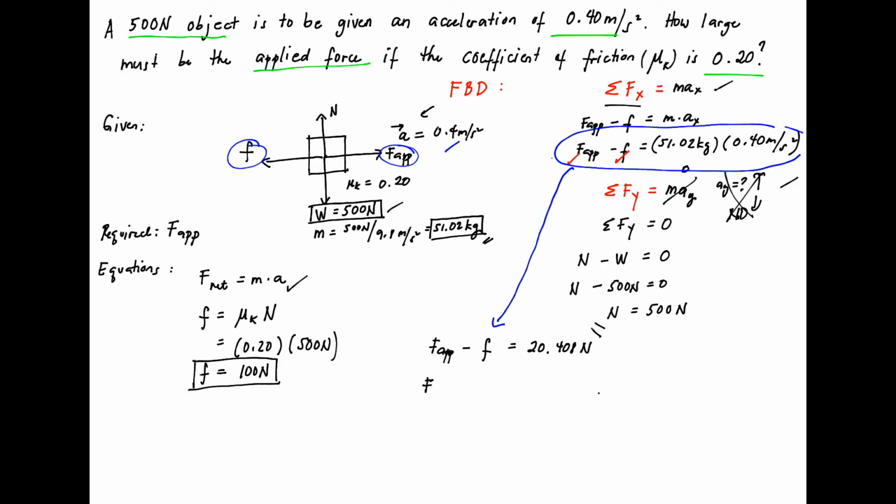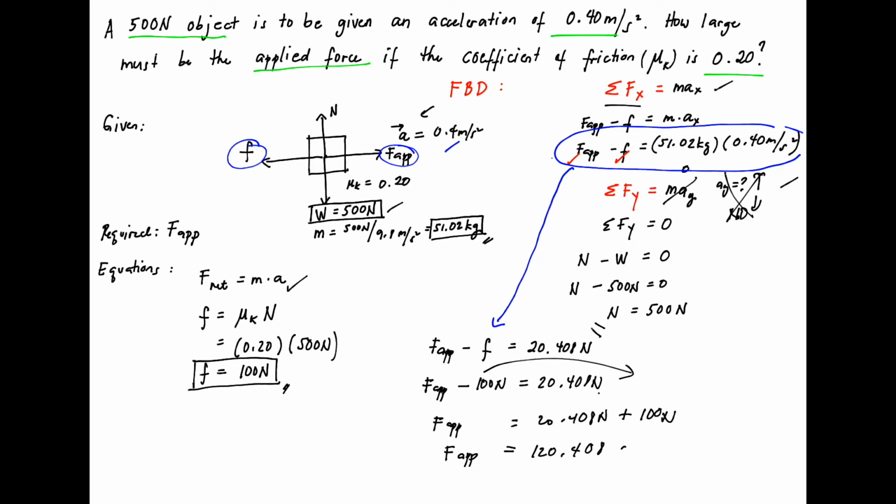And then since we have here the F up minus the frictional force of 100 Newton equals to 20.408 Newton, deriving now for F up, that is 20.408 Newton plus 100 Newton. So you have to transfer this 100 Newton to the other side, and therefore the value of F up is 120.408 or 120 Newton.